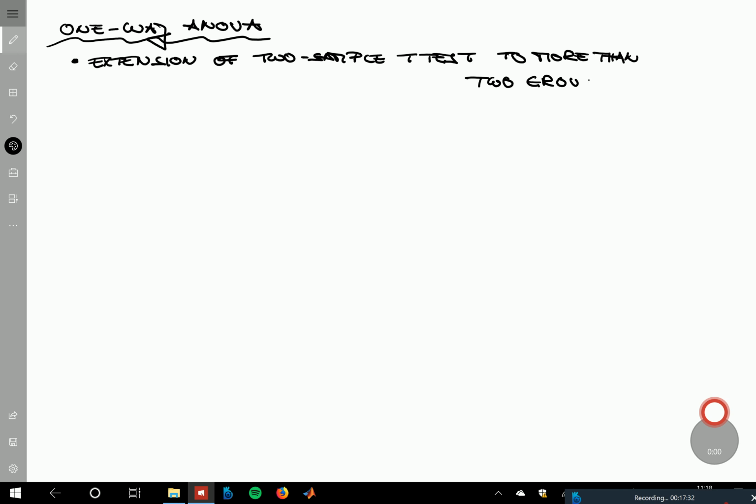Yeah? So essentially, you would love to do a two-sample t-test to compare the outcomes of two groups, but it turns out that a two-sample t-test only works for two samples. So you need to do something, and somebody says, you cannot do pairwise comparisons.